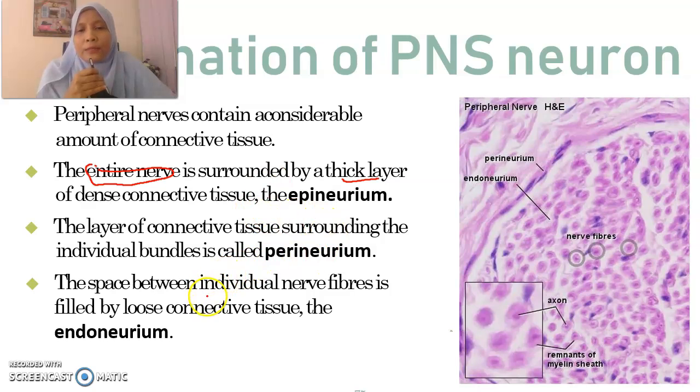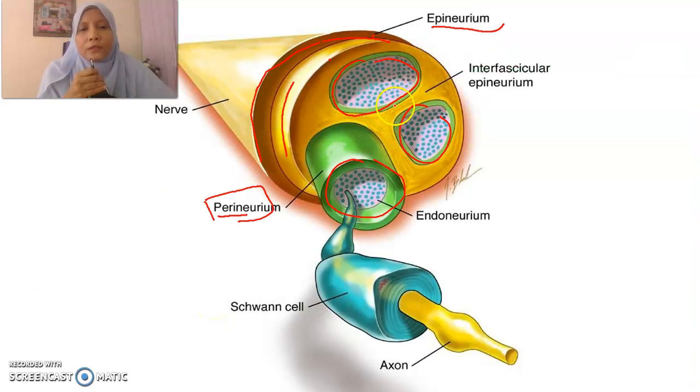The space between the individual nerve fibers is filled by loose connective tissue, called the endoneurium. So inside there, they have the nerve bundle, and inside it they have the endoneurium or loose connective tissue.